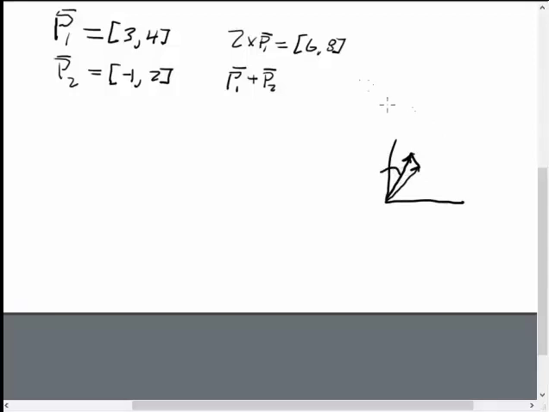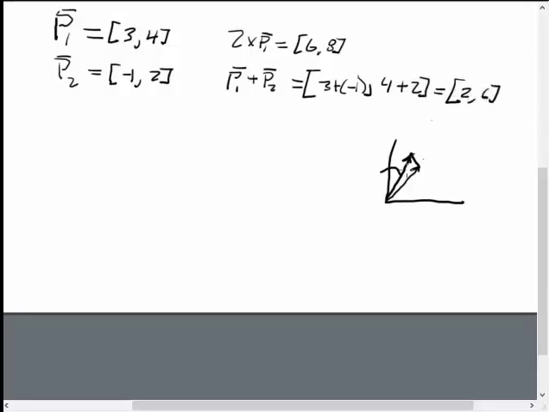Well, how do I get there? P1 plus P2 equals, well, I'm going to take 3 plus -1, comma, 4 plus 2, so my final vector is going to be 2 and 6. Well, that makes sense.